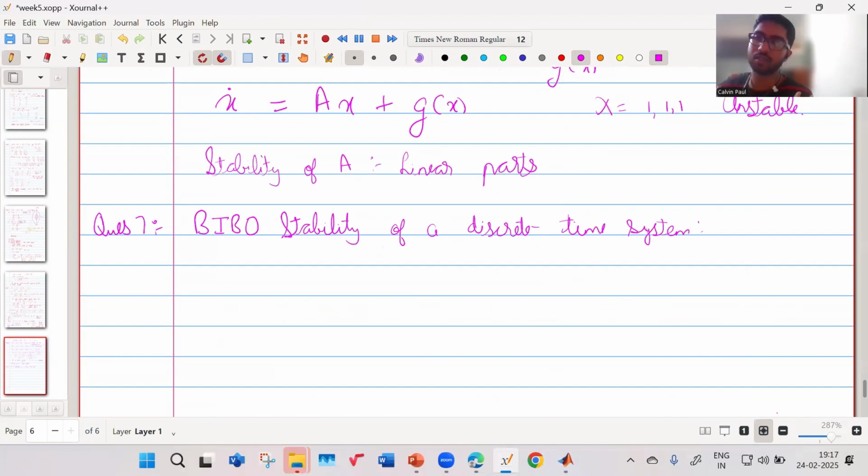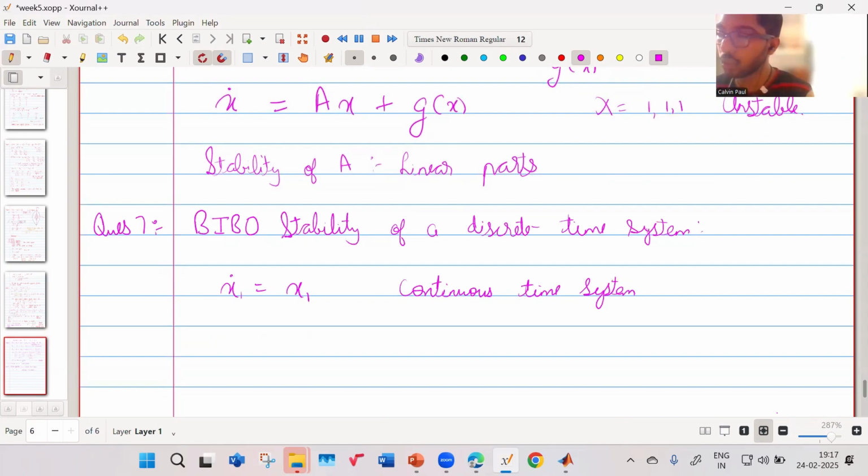Till now, what we were seeing, like x1 dot is equal to x1, those are continuous time. If we see this x1 dot is equal to x1, this is a continuous time system because it involves a derivative, right?